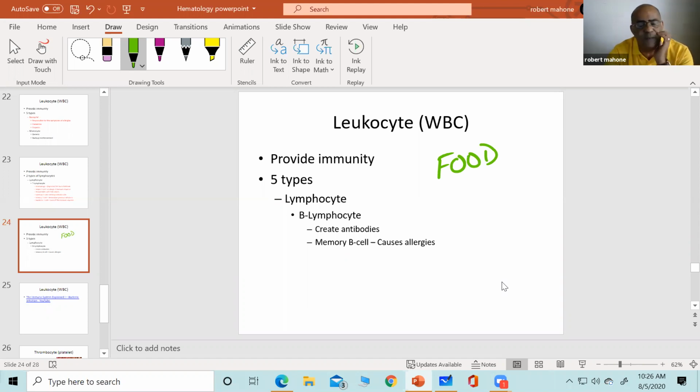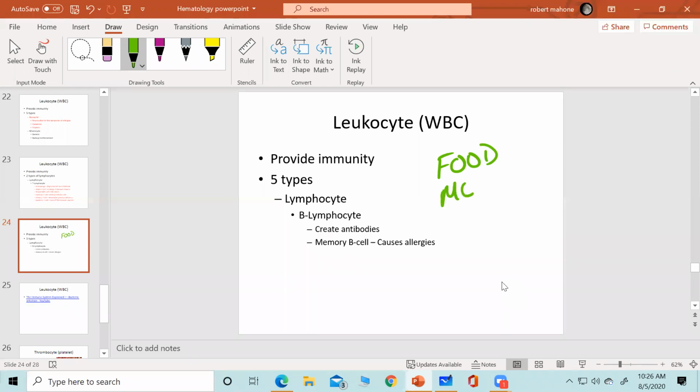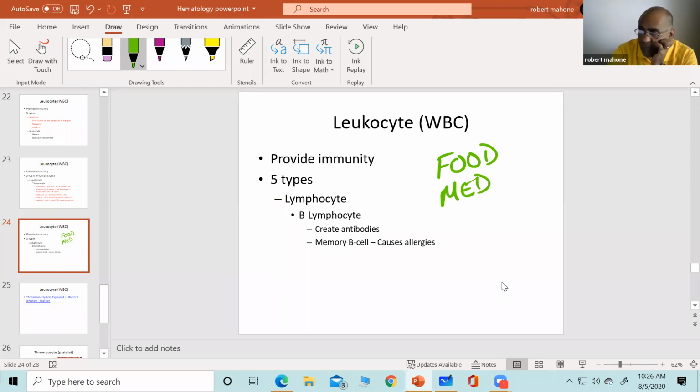What are the other 2? I just mentioned one. Medicine. Medication allergies. And the third one? Venom, like bee stings. These 3 right here will kill you, or can kill you, if we don't treat you well.